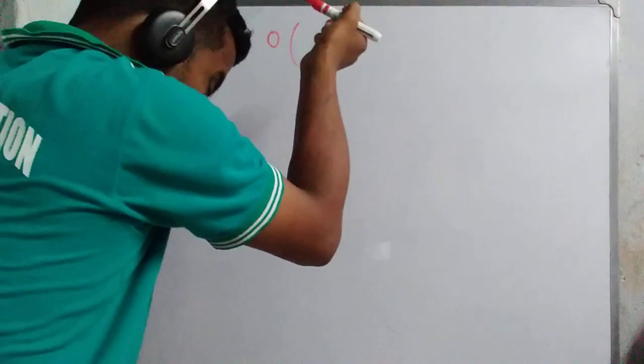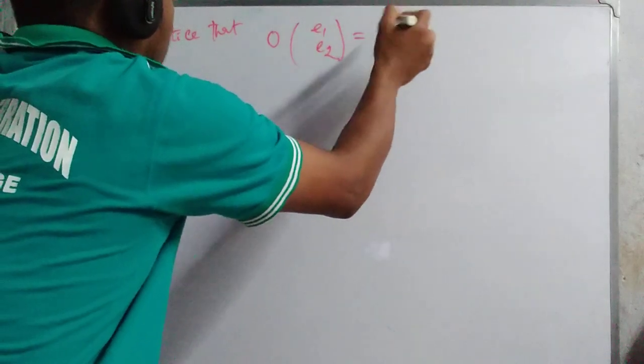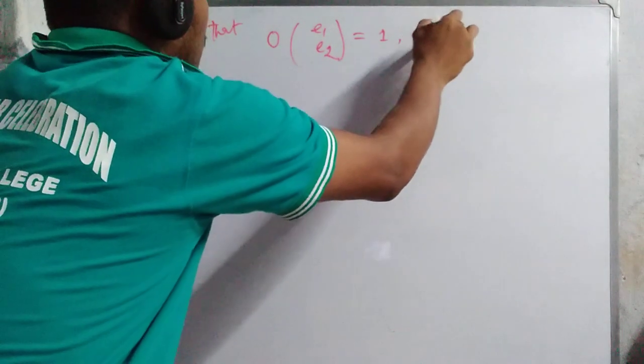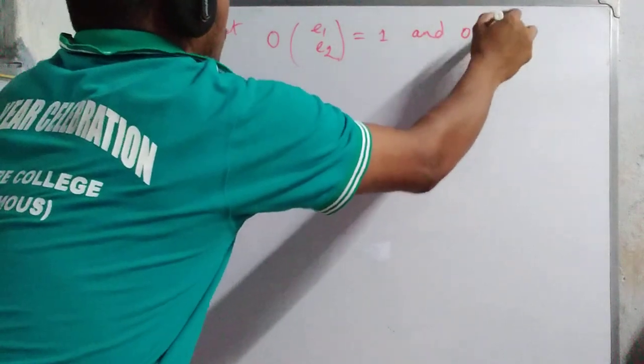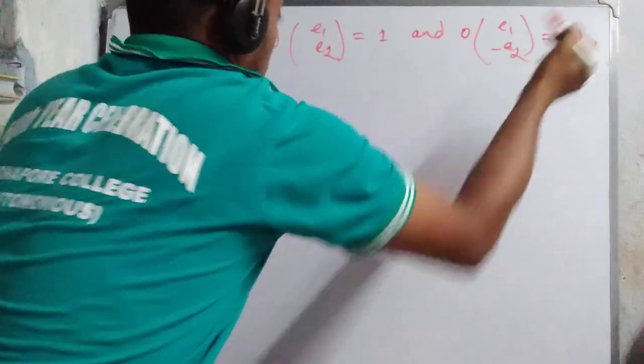Notice that the orientation of (e1, e2) equals 1 and the orientation of (e1, -e2) equals minus 1.